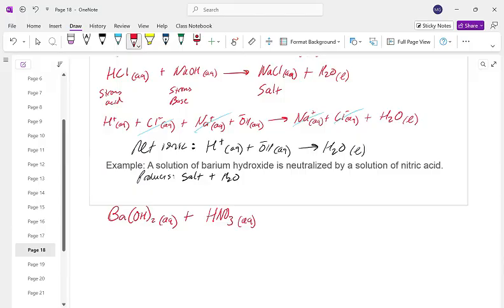Okay, so what is my salt going to be? Well, I'm going to take the barium cation and I'm going to take the nitrate anion and put them together. And that's going to make water as well. So if we try to do a quick balance, we'll just fix the nitrates there. This will fix the number of hydrogens.